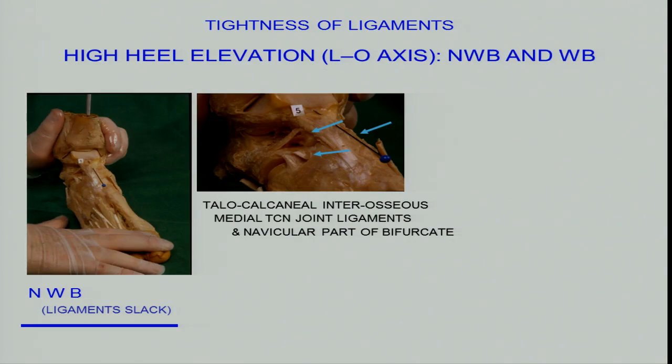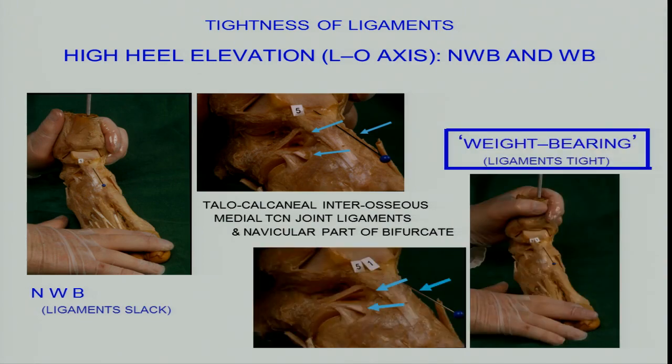This was a heel elevation position, and once more, when non-weight bearing, the talo-calcaneal interosseous, the medial talo-calcaneal joint ligaments, and the navicular part of the bifurcate were slack. Just a little weight bearing on the talus, and it slid very slightly forwards, just a millimetre or two, down the slope of the posterior joint.